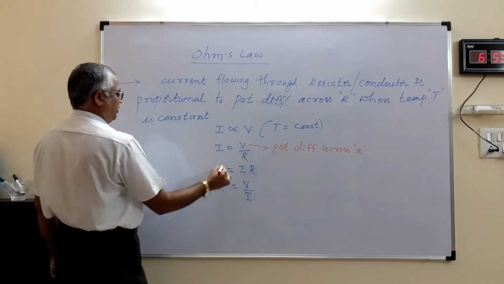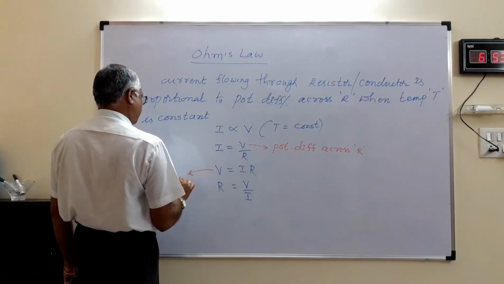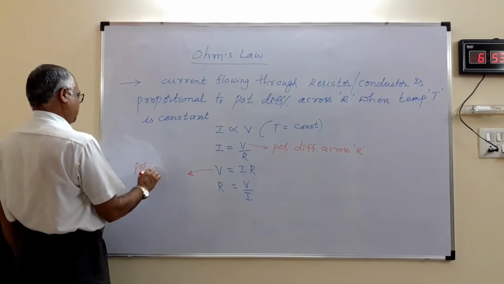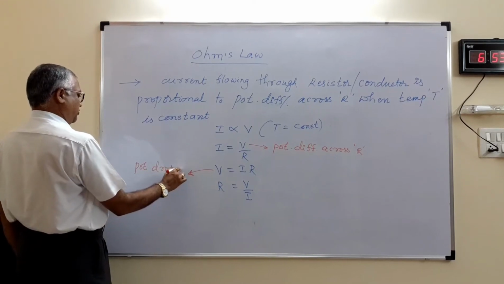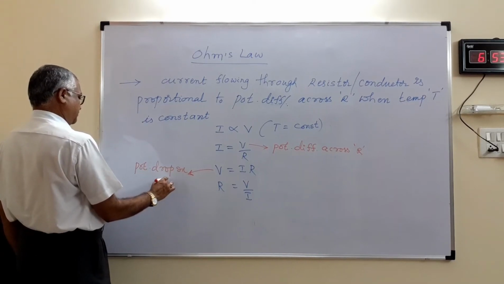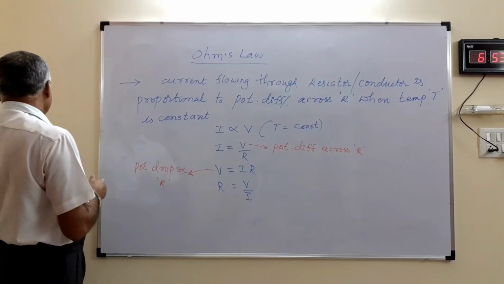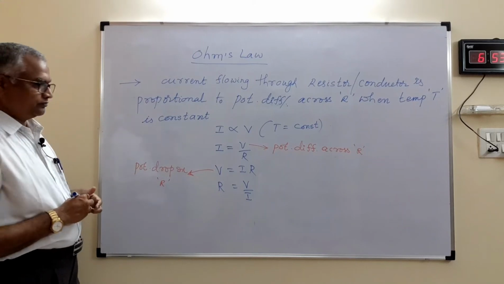But when we say V equal to IR, this V meaning is different. What is this V? It is a potential drop, potential drop in resistor. So that is the important difference between these two V's.